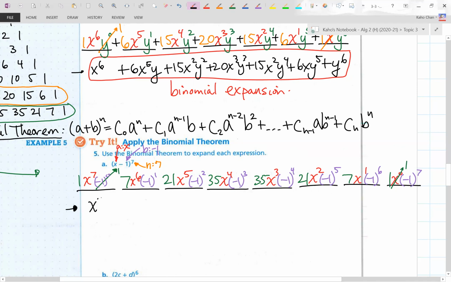Okay, x to the 7th. Now look here in the second term, 7 times x to the 6 times -1. (-1) to the first is negative, so it's -7x to the 6. Then over here we have 21x to the 5th, (-1) squared. (-1) squared is a positive, so that becomes a plus 21x to the 5th. And you notice it flips back and forth.